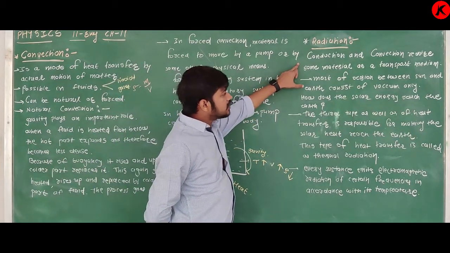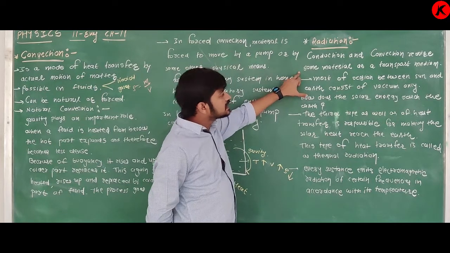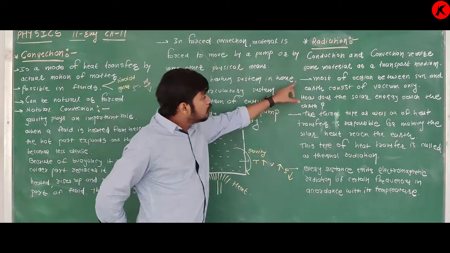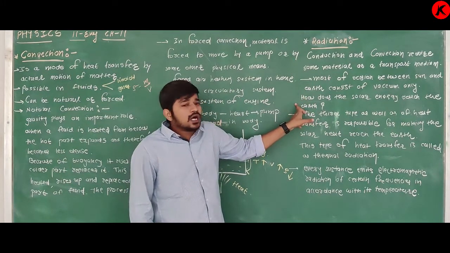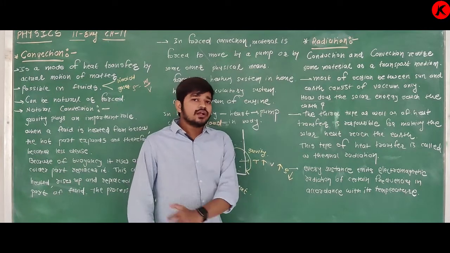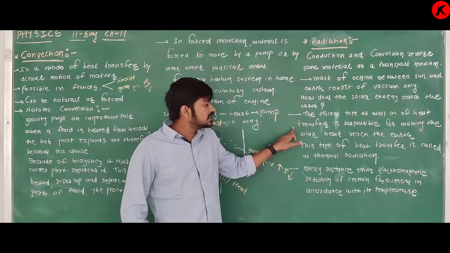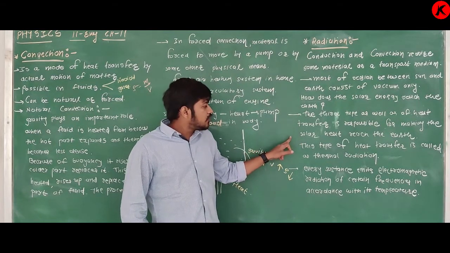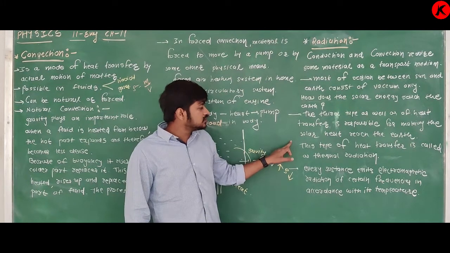Conduction and convection require some material as a transport medium. But most of region between Sun and Earth consists of vacuum only. Then how does the solar energy reach the Earth? It is due to radiation. The third type of heat transfer is responsible for making the solar heat reach the Earth.